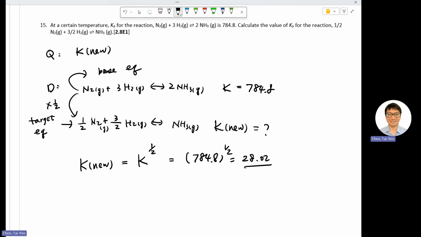Multiply a coefficient, put that coefficient in the exponent, right? If you have two equations with K, first equation is K1, second is K2, and you add up the equations, the new equation's equilibrium constant will be the product of K1 and K2. Okay, so those are the things that you should know.